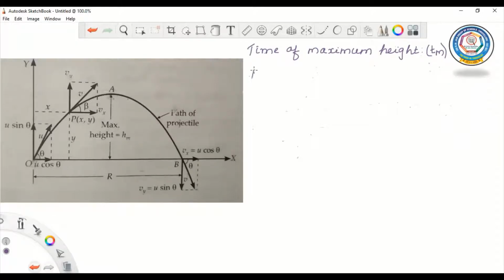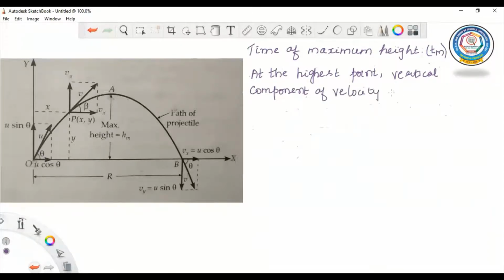So at the highest point, the vertical component of velocity is equal to 0.